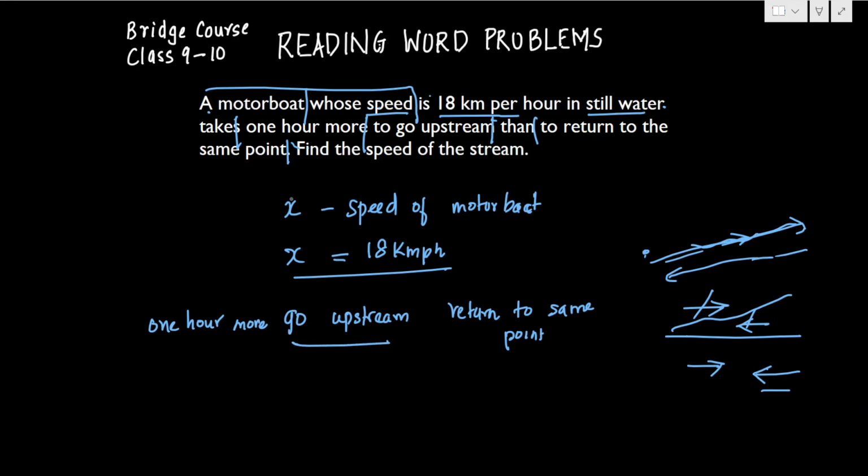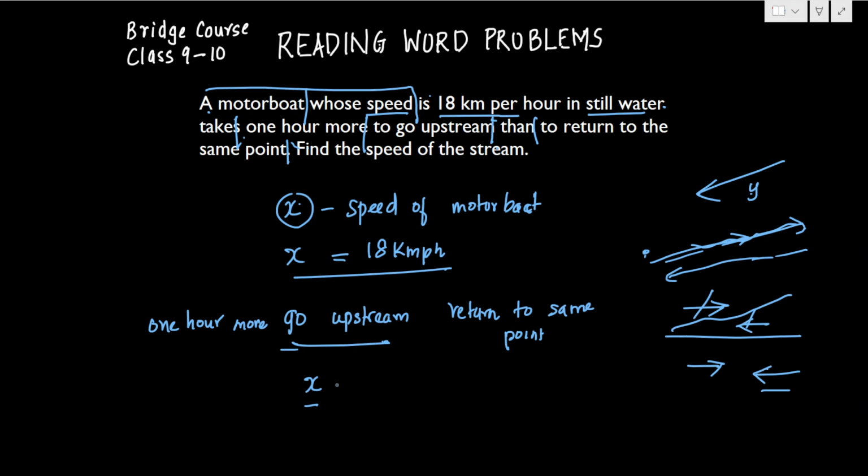So when the speed of the motorboat is x, when it goes upstream, it has to go against the water. So let us say the water is flowing in this direction at a speed y. So what will happen? The motorboat takes 1 hour more to go upstream. So this is the speed of the boat normally when there is no water flow.